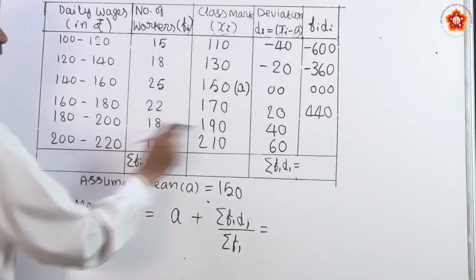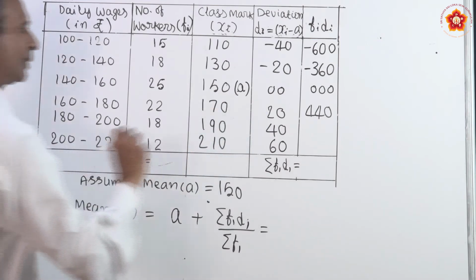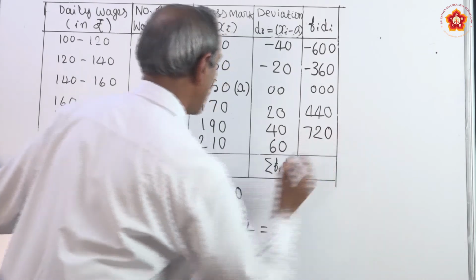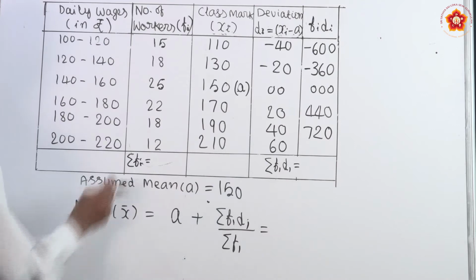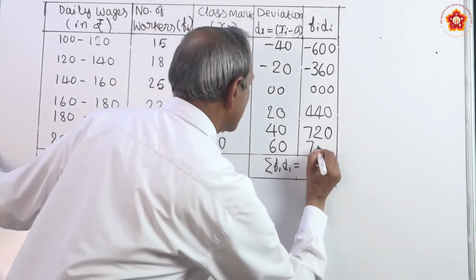Next, 18 into 40 is 720, write 720 here. Similarly, multiply 12 into 60, 12 sixes are 72, here also you will get 720.